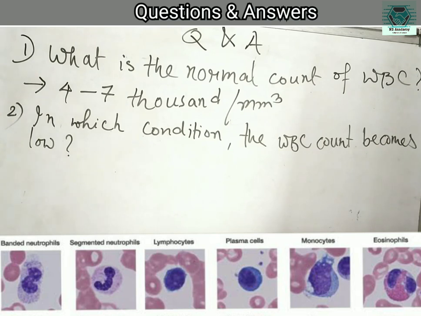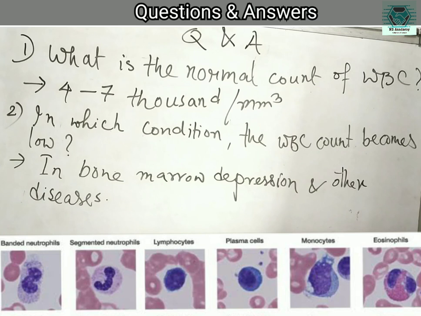So what will be the answer? In bone marrow depression and in some other diseases. So the main answer will be bone marrow depression and some other diseases. Okay, so this is the answer.